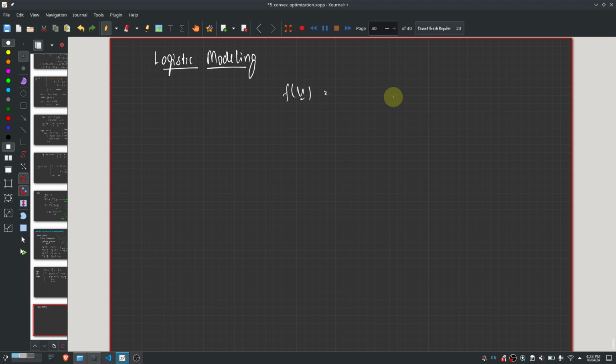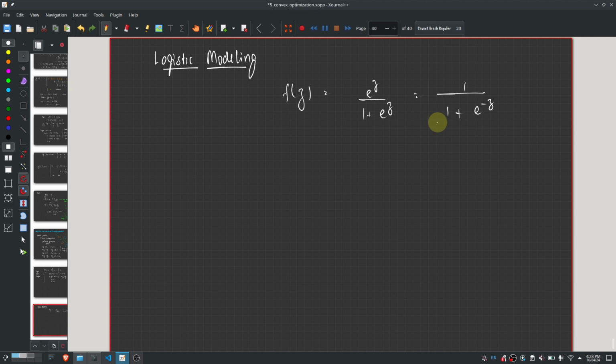Let's say f of u is equal to e to the minus A transpose u, or let's consider an even simpler version. f of z is basically e to the z by 1 plus e to the z. This is 1 by 1 plus e to the minus z. So this is called the logistic function.